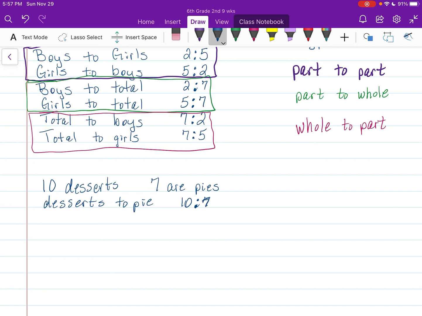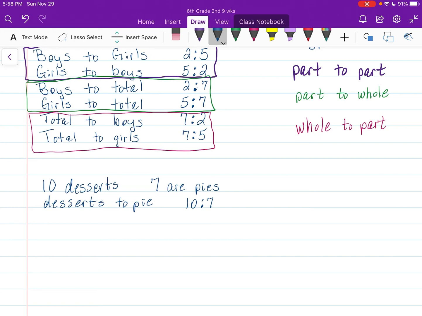Well, that is a what to what ratio. What type of ratio is that? Well, desserts is the total, right? And then pies is part. So what would the other part be? Well, the desserts are either pies or they're something else, right?